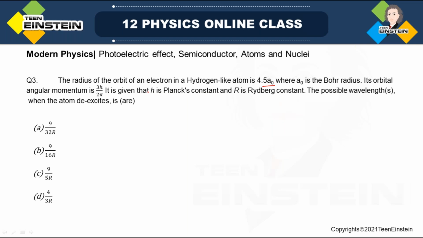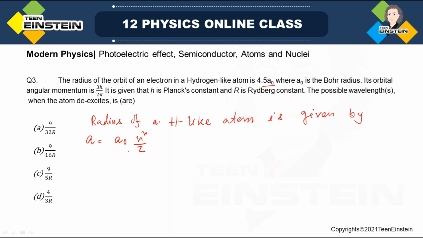Look here, first of all, the radius of a hydrogen like atom, H like atom in short, is given by a is equal to a0 n square by Z, where a0 is the Bohr radius.